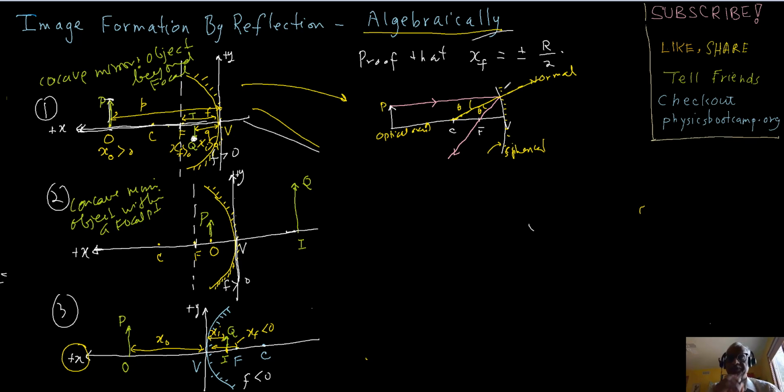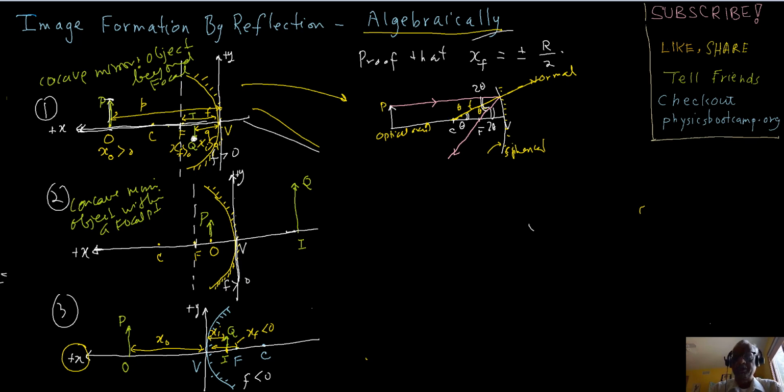So angle of incidence equals angle of reflection. These two angles are the same. You can see right away this entire angle is 2 theta, and this angle will be theta.